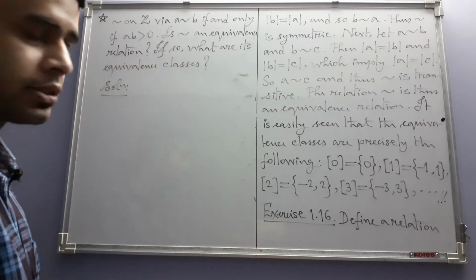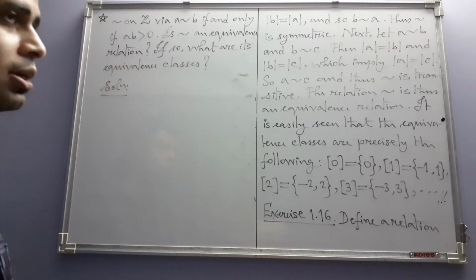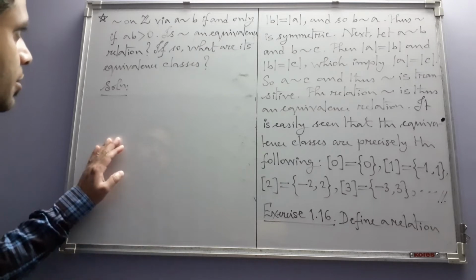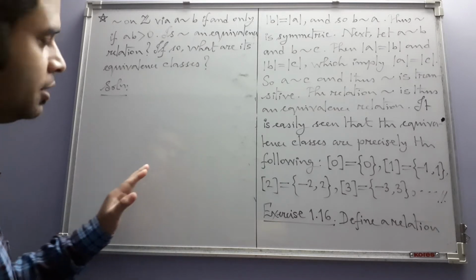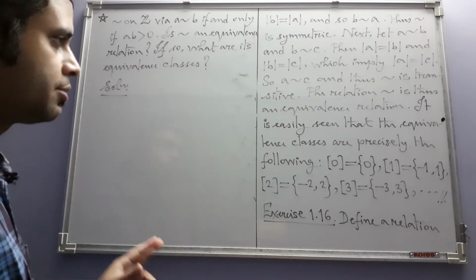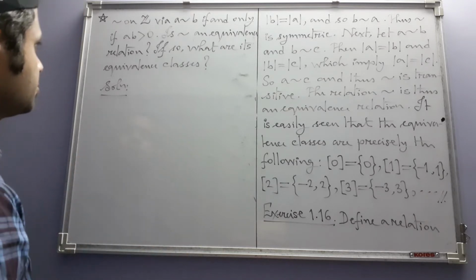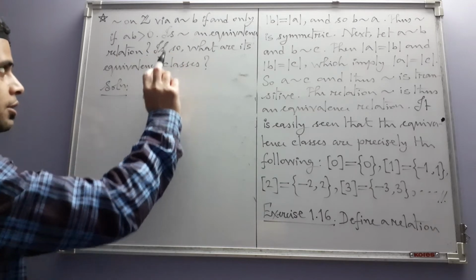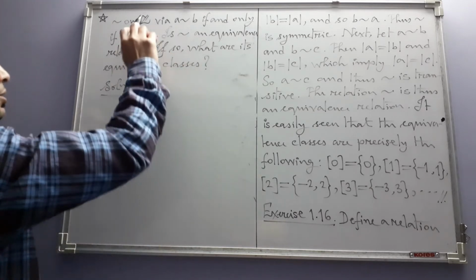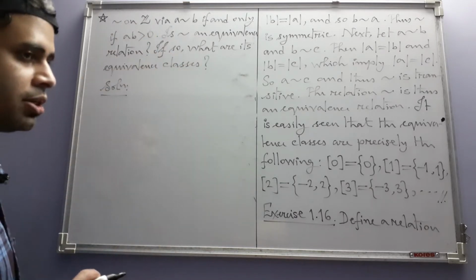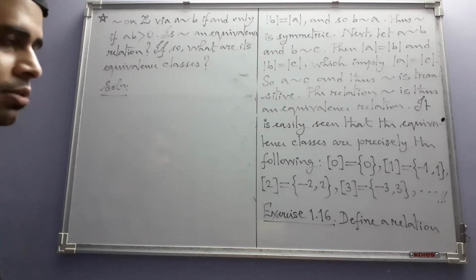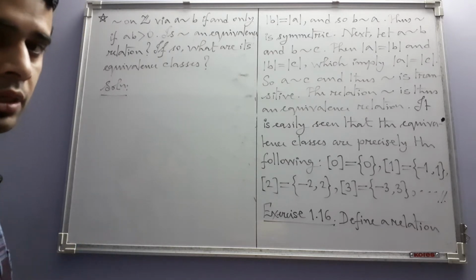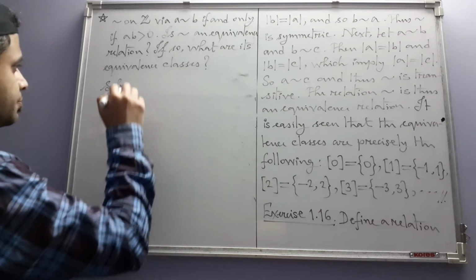Unlike the previous exercises, this one is not an equivalence relation. It seems like it will be, but it fails to be reflexive, because 0 is also an integer. 0 is in this set, but 0 is not related to itself. The product of 0 with itself is not greater than 0, it's equal to 0.